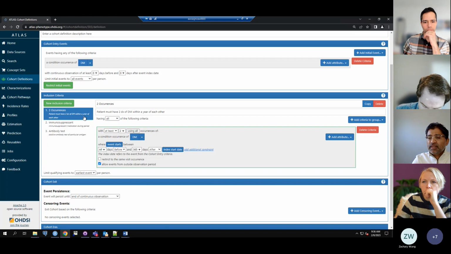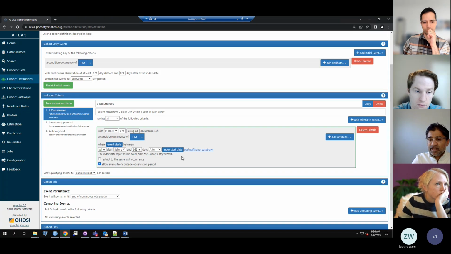The implication of this application of this rule is that if somebody gets the second code after today's date, up to 365 days in the future, they will stay in the cohort. But if they do not get it in the next 365 days, but they get it on the 366th day, then it would not be eligible. But it will cycle back and say, does that same person have a second date?